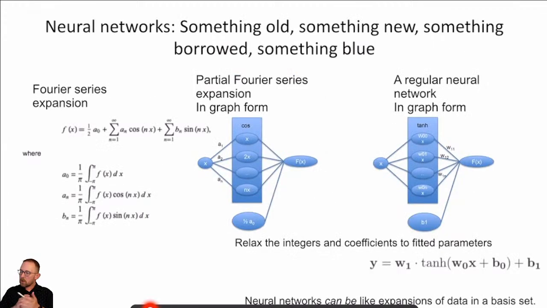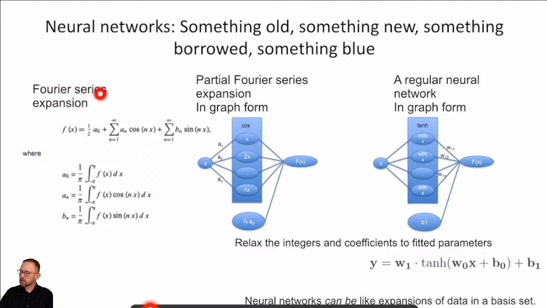All right, I think it's helpful to think about neural networks before we get into what they do, and ask what are they? Why do they work so well? I'm going to show you a couple of different points of view in the next couple of slides. Let's start out with this idea that neural networks are like something old, something new, something borrowed, something blue. On the left, we'll talk about a Fourier series.